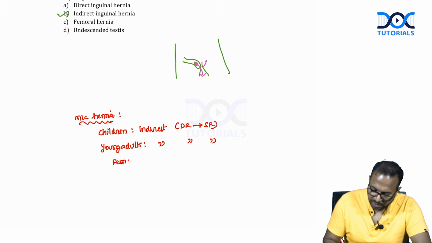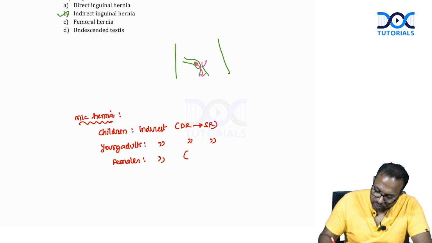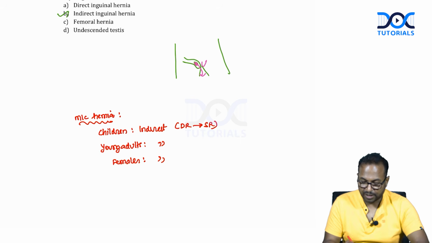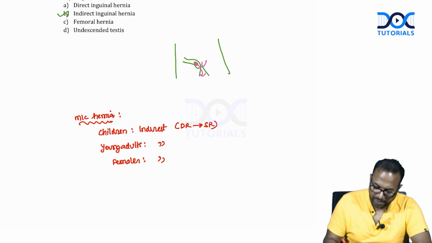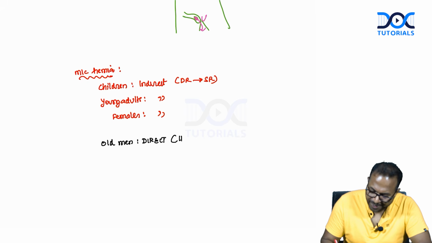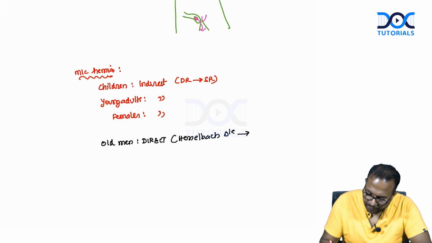In females also the most common hernia is indirect. So in all these people, children, young adults, females, the commonest hernia is indirect hernia. In old men, what's the commonest hernia? It is direct hernia, which comes out of Hesselbach's triangle.